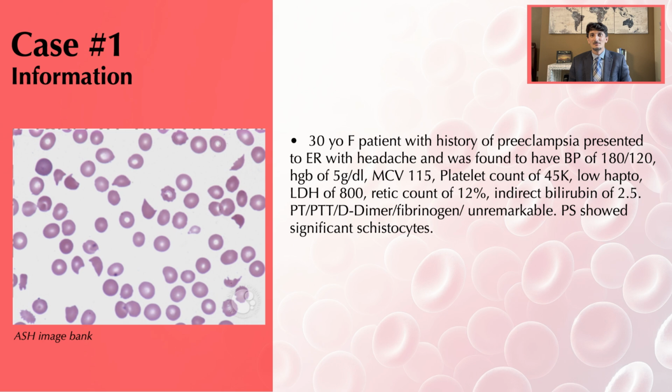Her coag labs, including PT, PTT, D-dimer, and fibrinogen, were all unremarkable, and the peripheral smear showed significant schistocytes, as you can see on the slide here.